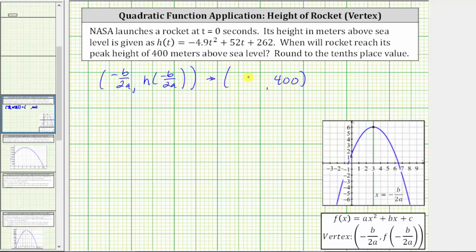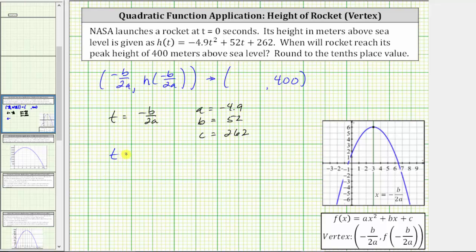So by determining the t-coordinate of the vertex, we can determine when the rocket reaches the peak height of 400 meters. So t is equal to negative b divided by 2a, where in our case a is equal to negative 4.9, b is equal to 52, and c is equal to 262.